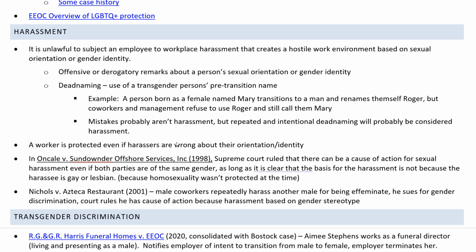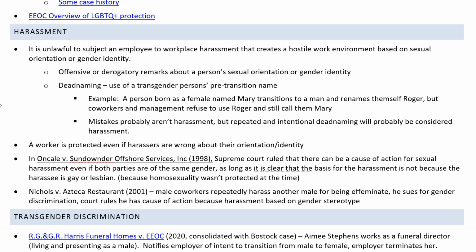So we have to be careful to avoid doing it ourselves. And if we're owners and managers of businesses, to step in and correct this harassment before it causes liability to the company. And also, we just want to be respectful of people and create a safe, healthy working environment.